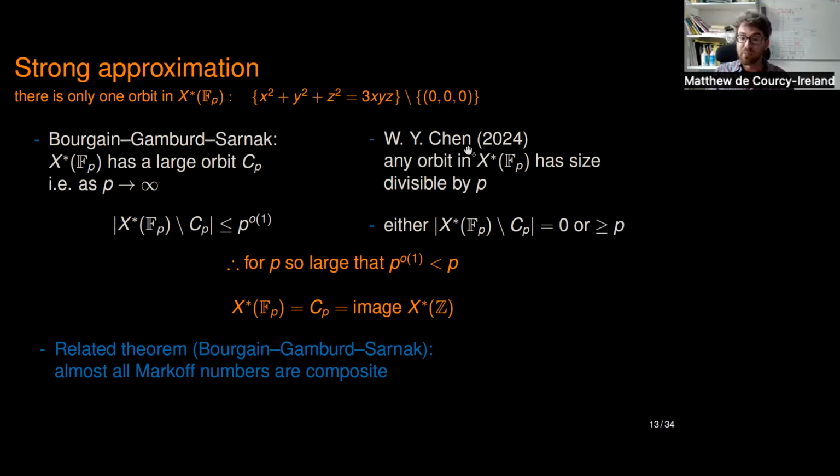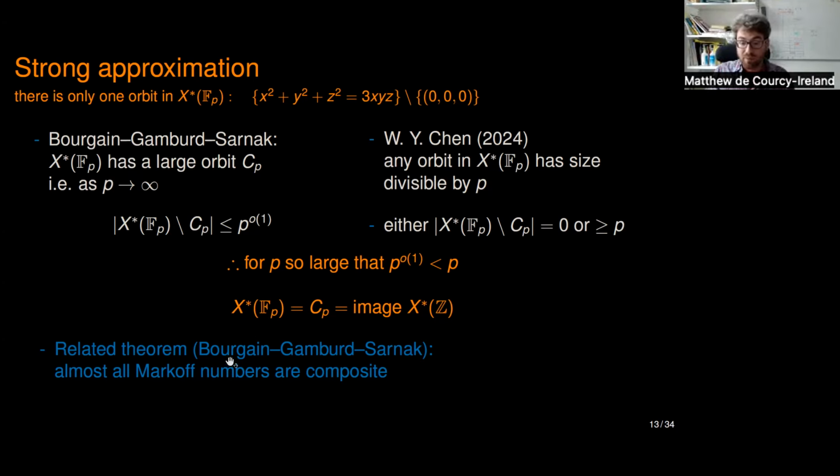Chen, on the other hand, proved that any orbit has size divisible by p. So what's left after C_p, either it's 0 or else it's going to be at least p because it's divisible by p. So once p is so large that p to the little o of 1 is less than p, C_p is all there is. All the non-zero solutions come from one orbit, which is also the image of all of the integer solutions. So that's strong approximation.